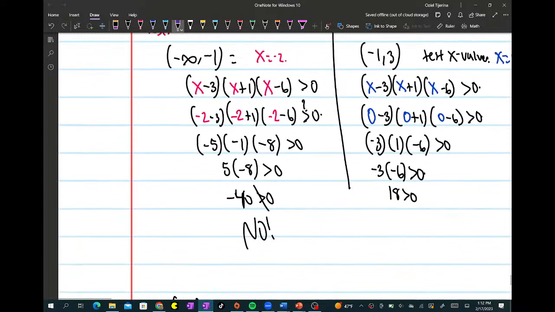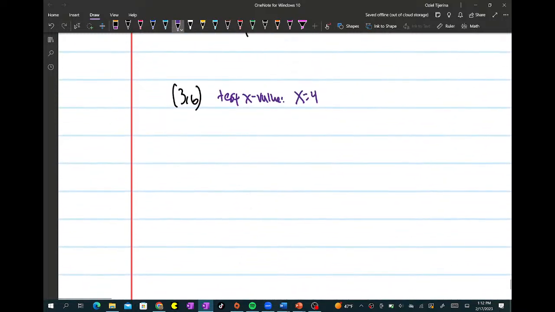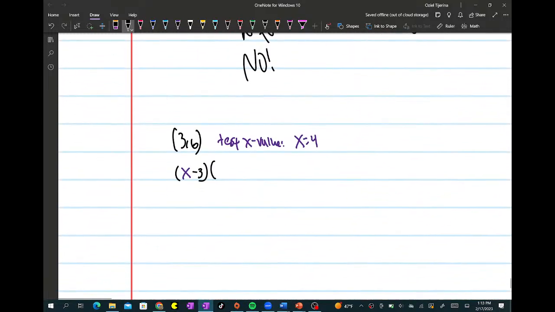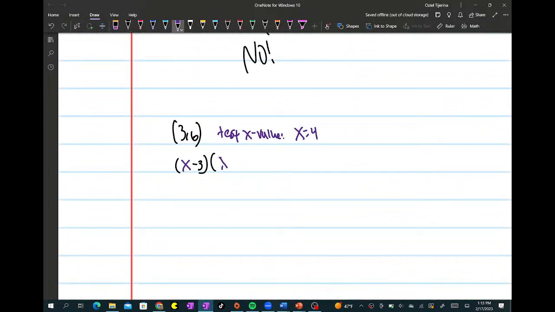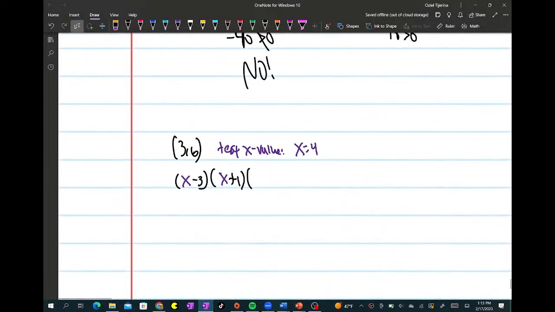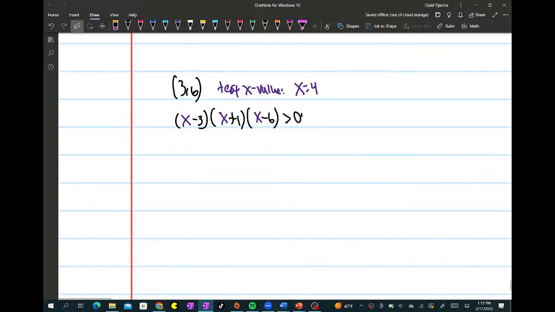And again, I'm going to rewrite my inequality. So x minus 3 times x plus 1 times x minus 6 is greater than 0, right? So I'm going to plug it in.